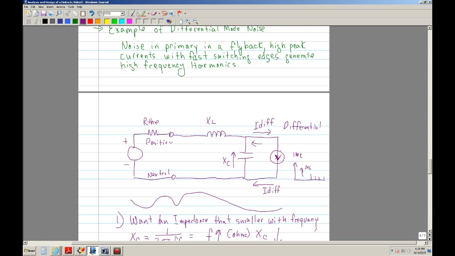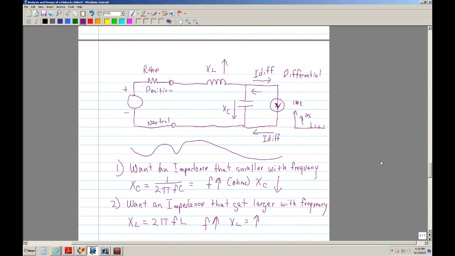No, I'm sorry. Gets smaller. And X of L gets bigger. So now we have these two statements.